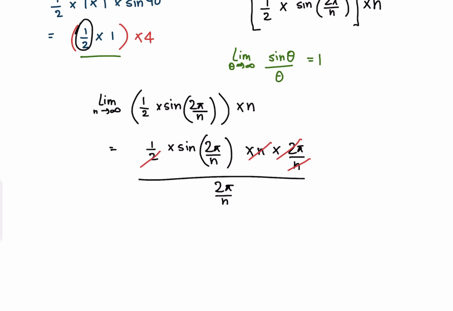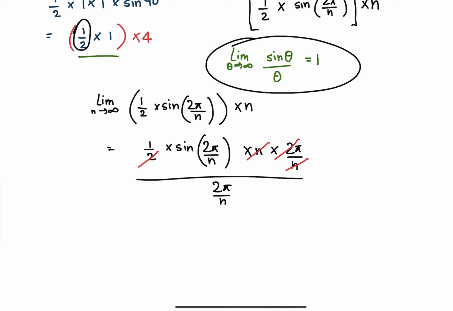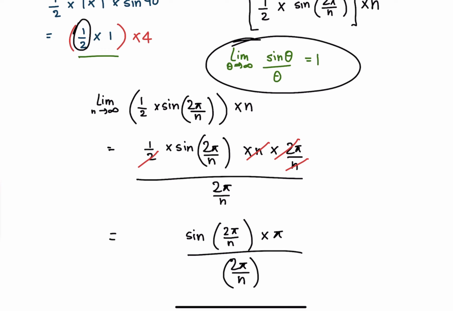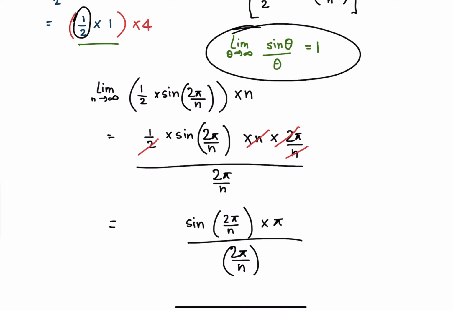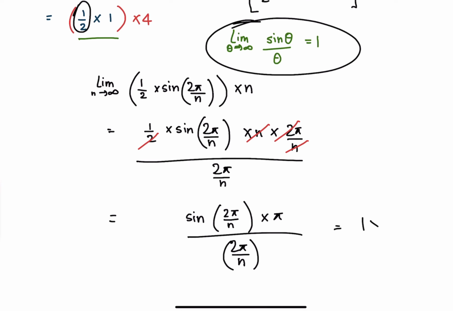This n and this n cancel out. Okay, so this leaves us with sine 2 pi by n times pi, the pi right here, divided by 2 pi by n. Now, using this formula over here, the one that I've circled, we can write this as 1 times pi. And this gives us pi.